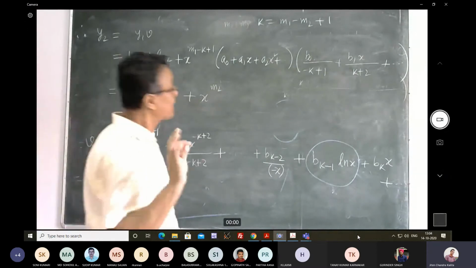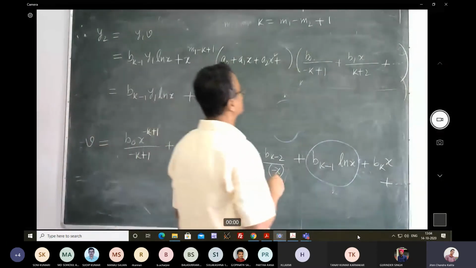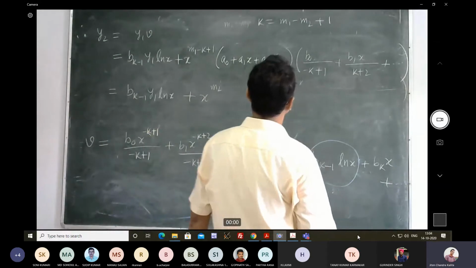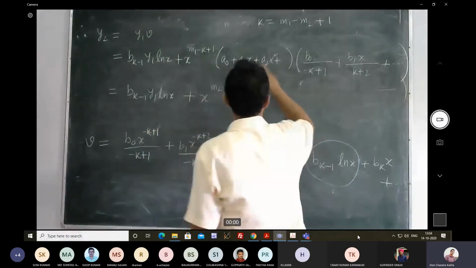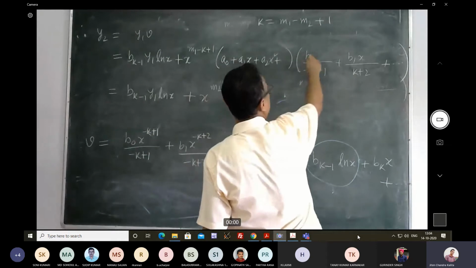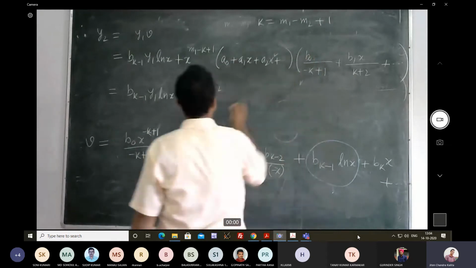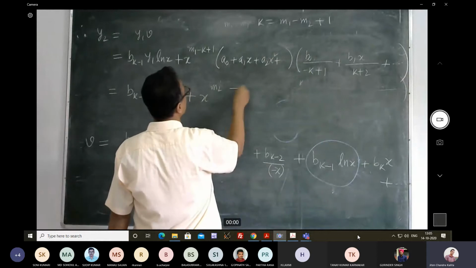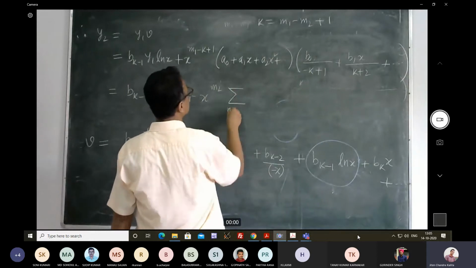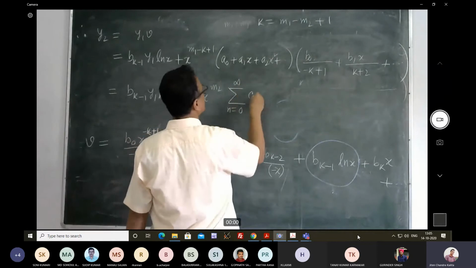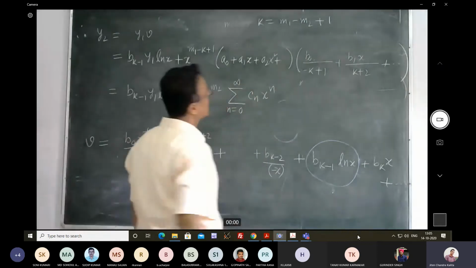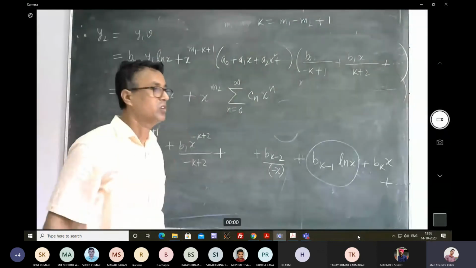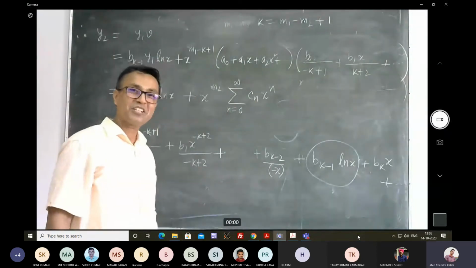Because we have already assumed that A naught is not equal to 0, we have seen that B naught is also not equal to 0. Then what is going to happen? Like this, I can write it as the sum of Cn x to the power n. Right? Convinced or not?